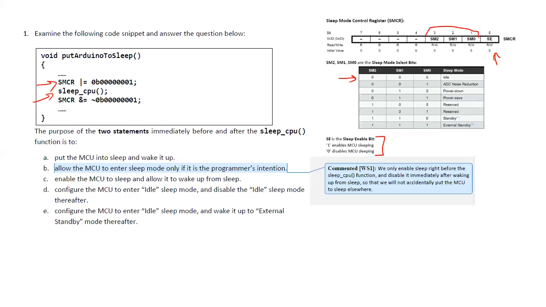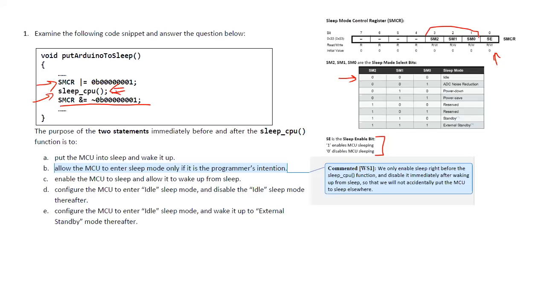Now what is going to happen the moment I come out of sleep? I execute this line, correct? Because this function here puts me into sleep, and the moment I come out of sleep, I will disable the sleep mode. The reason we want to do this is to make sure that I put the Arduino to sleep only when I explicitly call this function and not accidentally by any other means.